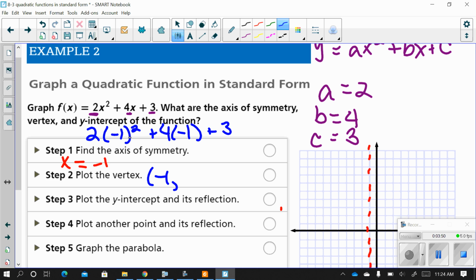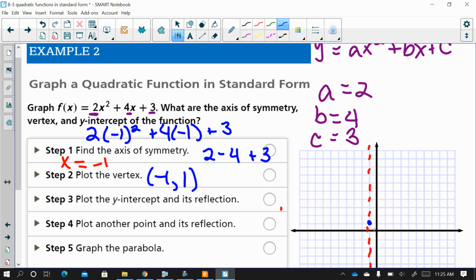So I get 2 times positive 1 is a positive 2, plus 4 times a negative 1 is a negative 4, plus a positive 3. 2 minus 4 is negative 2, plus 3 is a positive 1. So my vertex is negative 1, 1. Again, to find the y value, you take your axis of symmetry and plug it in for x.